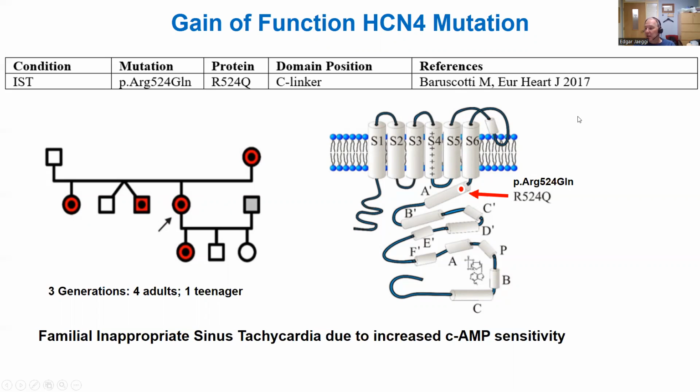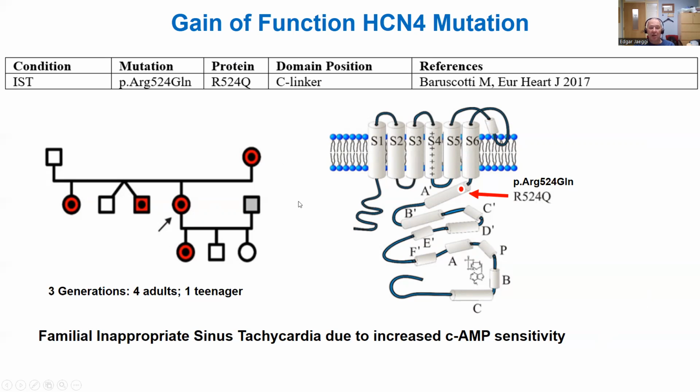Baruscotti genetically tested a number of adults, overall 48, with a diagnosis of inappropriate sinus tachycardia, including 4 who had a known familial history. This resulted in 1 woman who was found to have a mutation that is affecting the C-linker function, which is called R524Q, and resulted in increased cyclic AMP sensitivity, as elegantly shown in a patch clamp study and in spontaneously beating mouse cardiomyocytes.